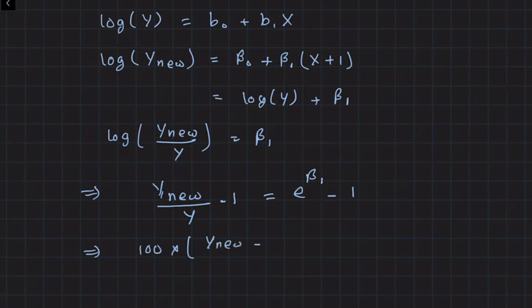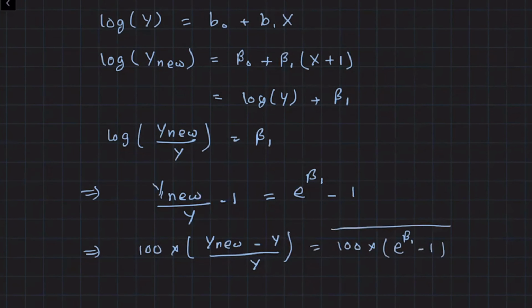So basically, percentage change in y is 100 times e raised to beta 1 minus 1. So what it means is, if I have a situation where the response is log y, then if x changes by 1 unit, you can see the interpretation is now slightly tricky. So now I have to say the response will change by this much percentage.